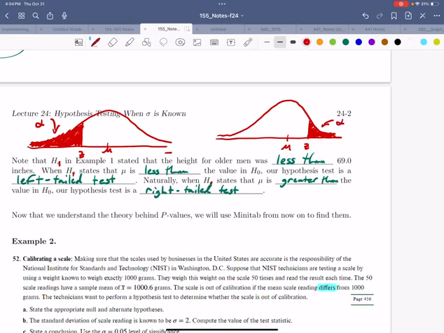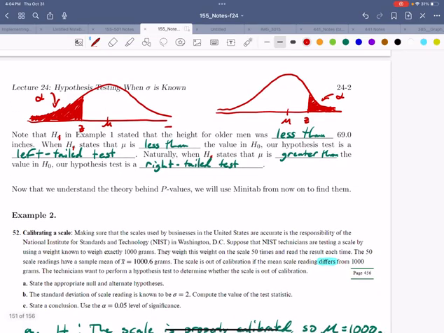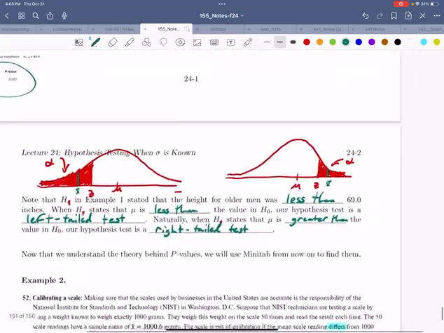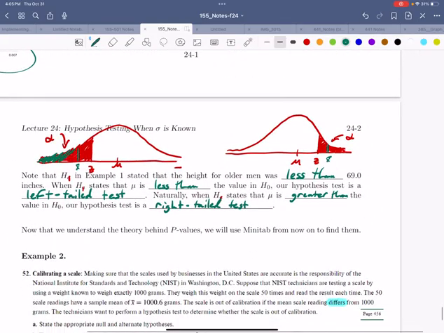You could think of it as there's alpha, or there's our z-score, a test statistic, and we want to see whether our sample statistic is over here or not. Actually, I guess you could say then that's our p-value.